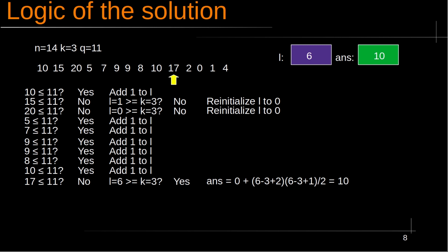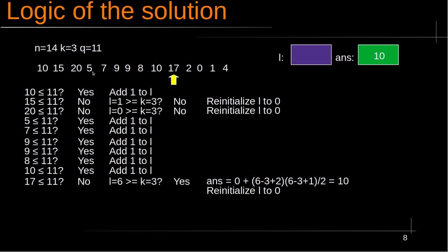So the answer for now is 10, which means for this sequence from 5 to 10, the teacher can make 10 choices to choose at least 3 days from these 6 days. The number of ways is 10.